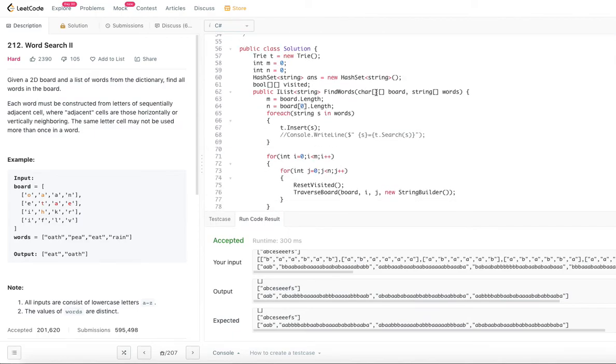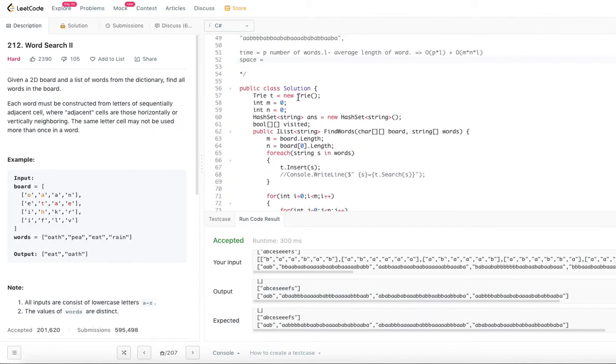Are we using any space here? Yes, we are using space for the trie, for returning the answer, and for visited. Visited will be order of m into n, that is easy to say, because that's what we are using. Plus the space for the answer, which will probably be equal to the length of the words, so order of p into L, because p is the number of words and L is the average length.